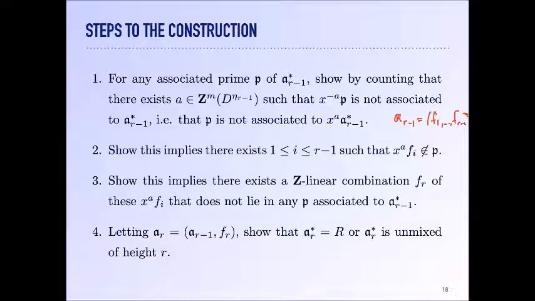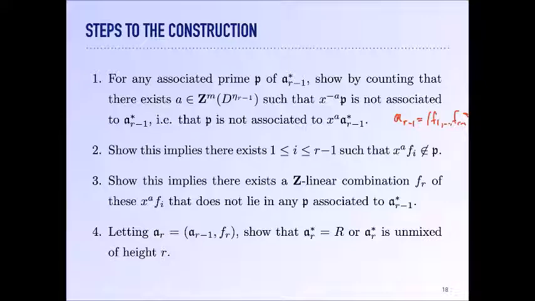And then again, it's not hard to show from that there's a Z linear combination of these values that does not lie in any associated P. So for each P, I have some x to the A Fi that's not in it, and that means there's some linear combination of them that's not in any of the P's.